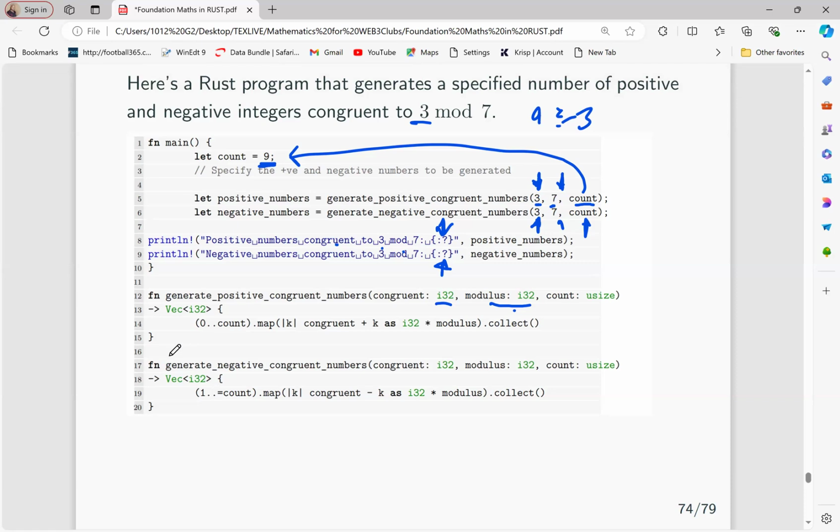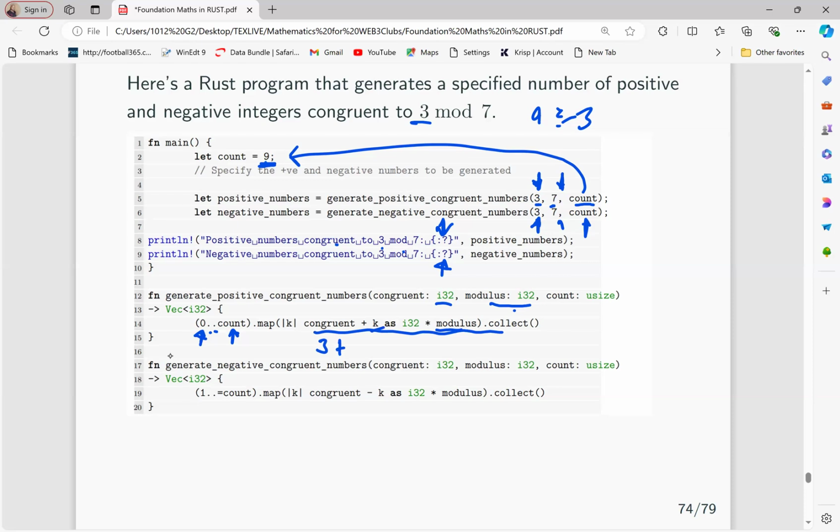The range I talked about: if you want the positive values, the range is from 0 to the count. The count is 9, so 0 to count. And then the formula that we've been talking about is here. In this case, our congruent is 3, and then mod is 7.